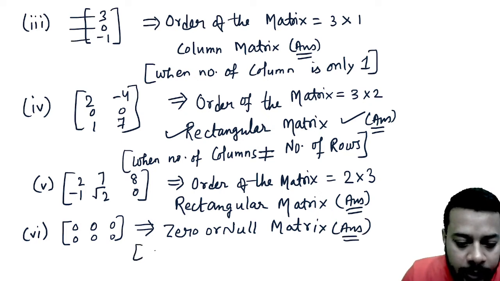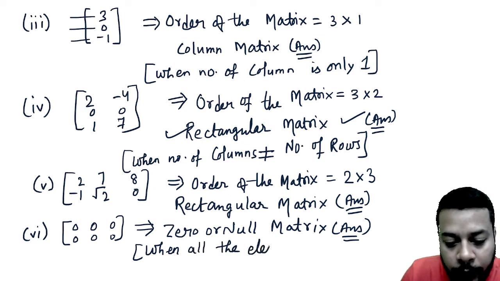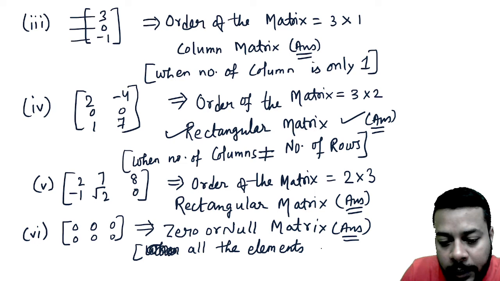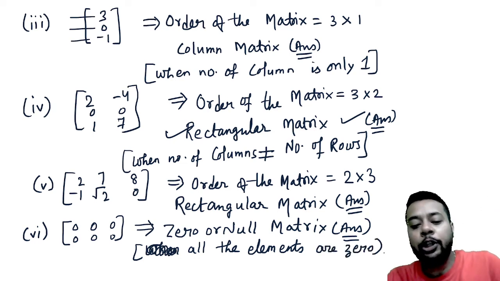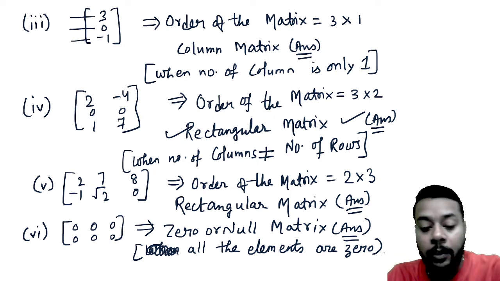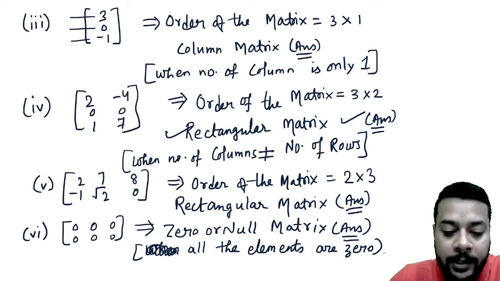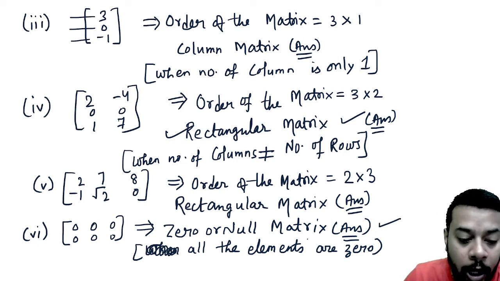The reason is, when all the elements are 0, whenever all the elements of a matrix are 0, it is known as a 0 or null matrix.